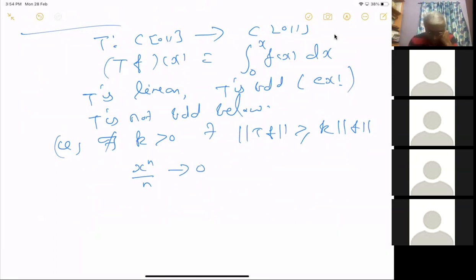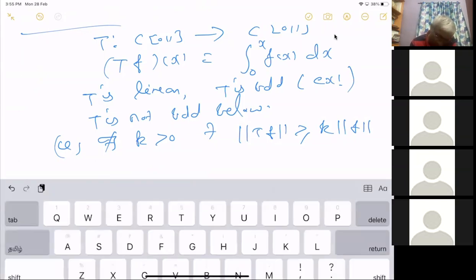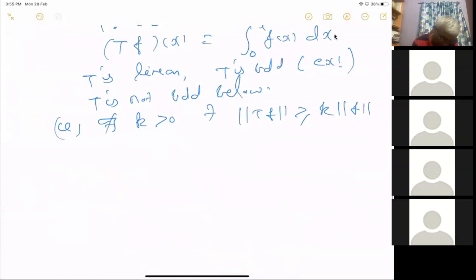But if I integrate, that will not work, right? It's the other way. T x_n converges to 0 does not mean that. If you take f_n equal to x to the power n, then Tf_n can converge to 0.